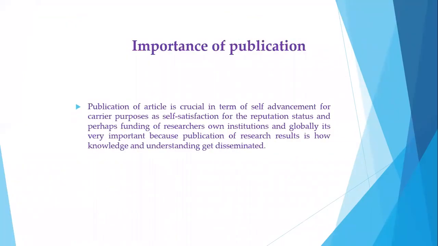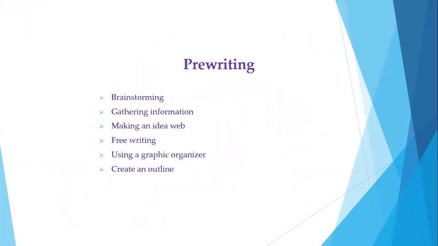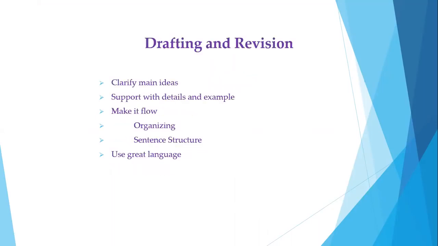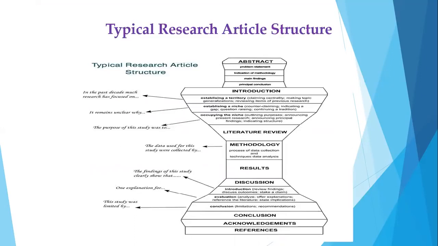So in the last session, we saw the importance of publication, the basic process that you follow in the writing process: pre-writing, drafting and revision, editing, publication. And we also saw the typical structure of the research article, where we saw that a typical research article contains sections like abstract, introduction, and then literature review, and then methodology, results and discussion, and then conclusion, after which you give the acknowledgements, and then comes the reference section.